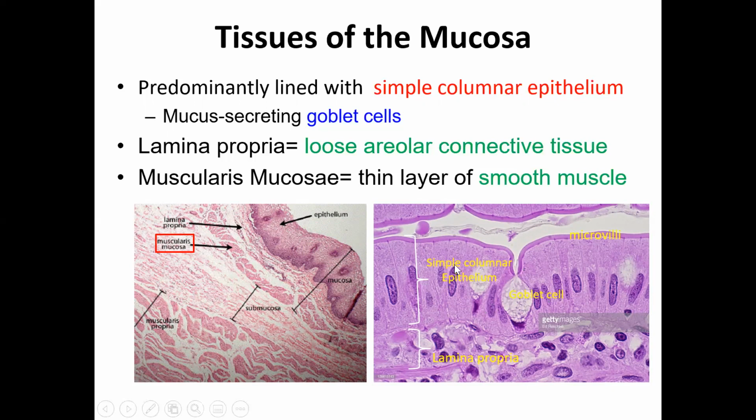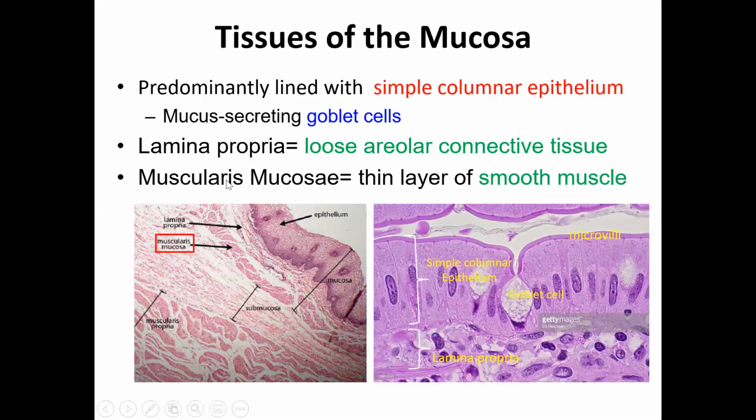That'll be the innermost layer, so what would be in contact with the food, and there's the lumen right there, there's the surface. Then you have the lamina propria. The lamina propria is just the connective tissue that connects the epithelium to the underlying tissue here. That's going to be made up of loose areolar connective tissue. And then you have just a very small little layer of smooth muscle here.